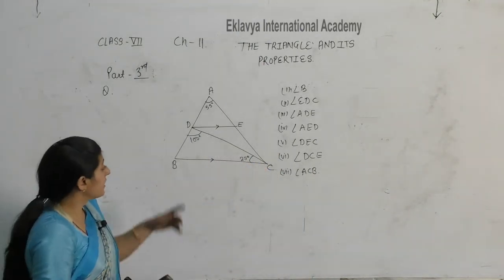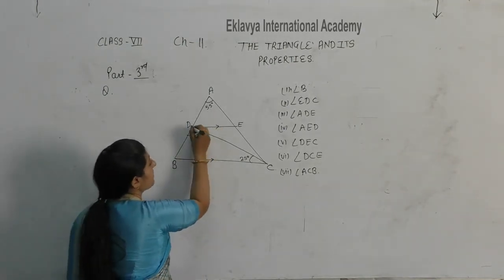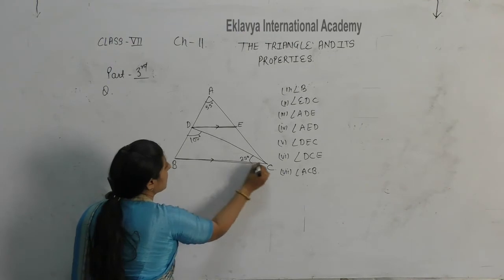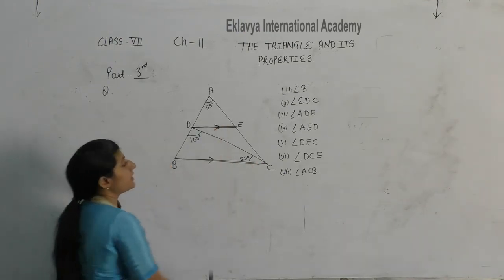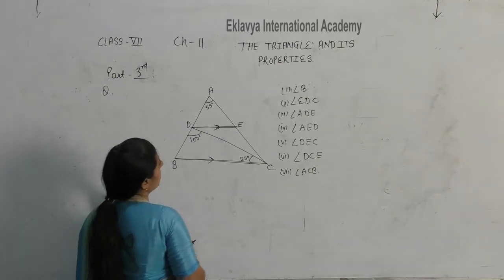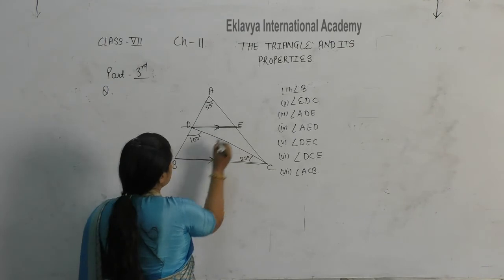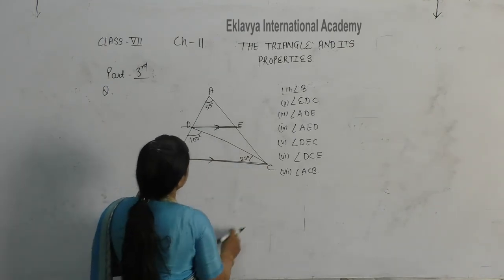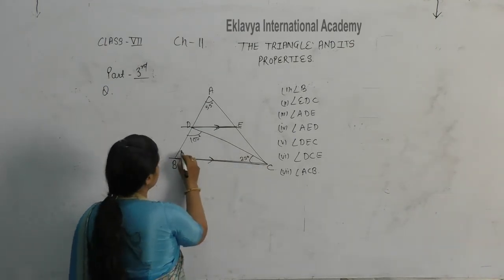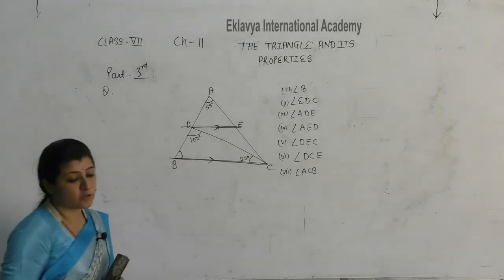In this figure ABC, this one angle is given to you, 55 degree. What is the meaning of this line? It means they are parallel to each other. If they are parallel to each other, then what can we say? These lines are parallel to each other. Firstly, we want to find out the angle B. This one angle we want to find out.